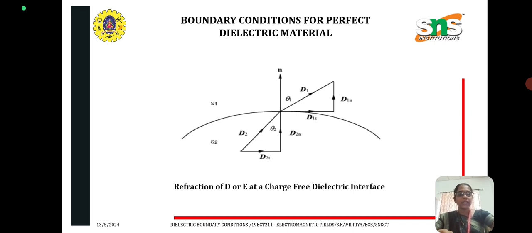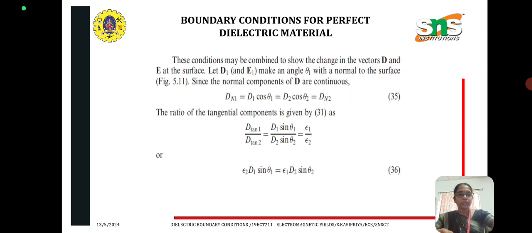We're going to consider the refraction of D, electric flux density, or electric field intensity at the charge free dielectric interface. The conditions may be combined to show that there is a change in vectors D and E at the surface. So let D1 or E1 make an angle theta 1 with the normal to the surface.